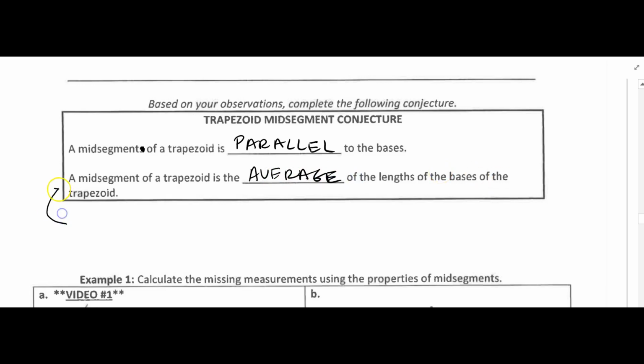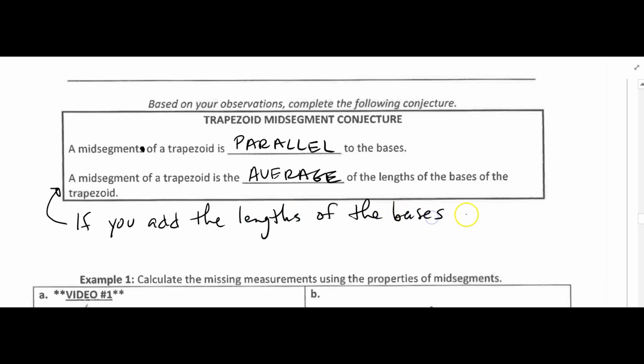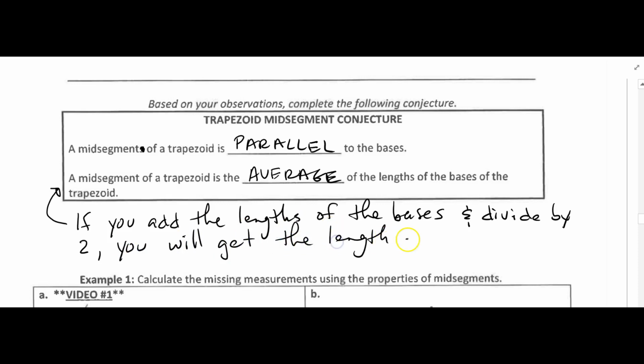So what this tells us is, if you add the lengths of the bases and divide by 2, you will get the length of the midsegment.